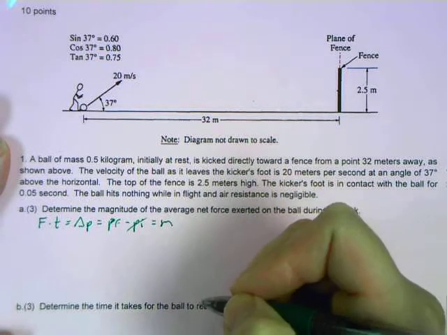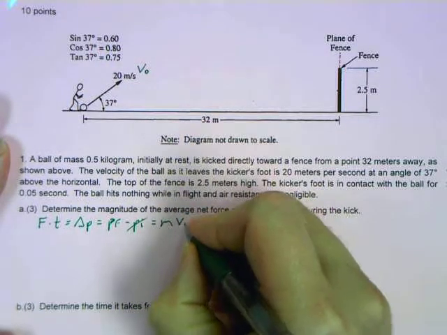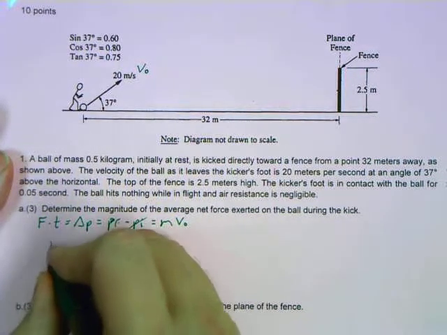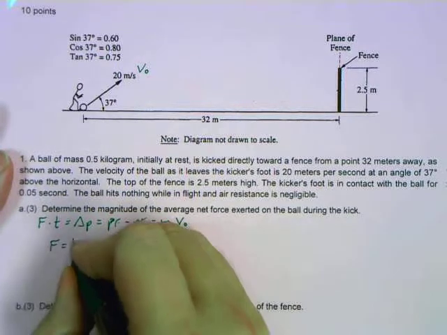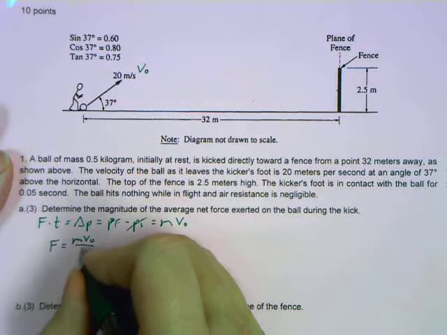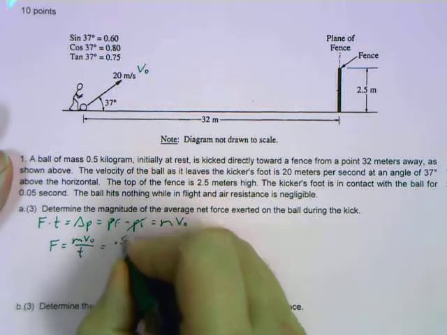I'm just going to call that V naught here. We're given time. Now we can find the force. The force is therefore going to be the mass times that original velocity divided by the time it took to kick it. The mass was 0.5 kilograms.